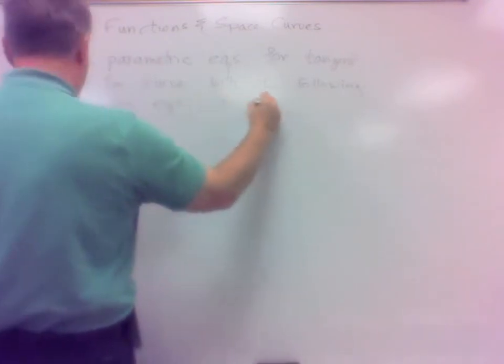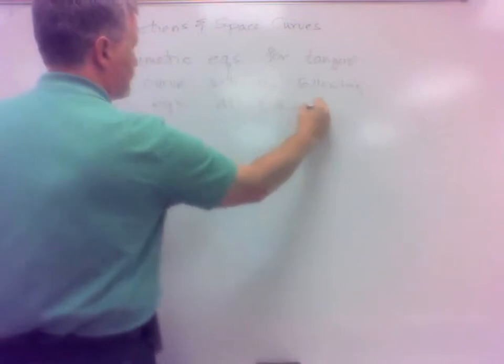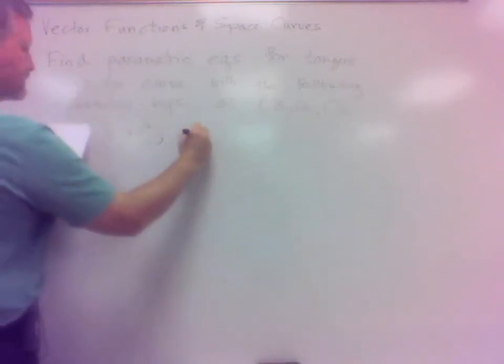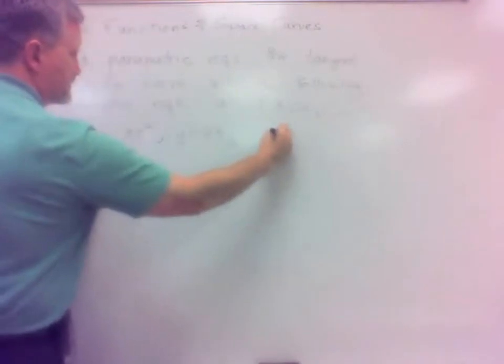We want to do the tangent line at (3, 2, 1). So we've got x equals 3t squared, y equals 2t, z equals t cubed. That's our curve. We want to find the tangent line for this curve at (3, 2, 1).